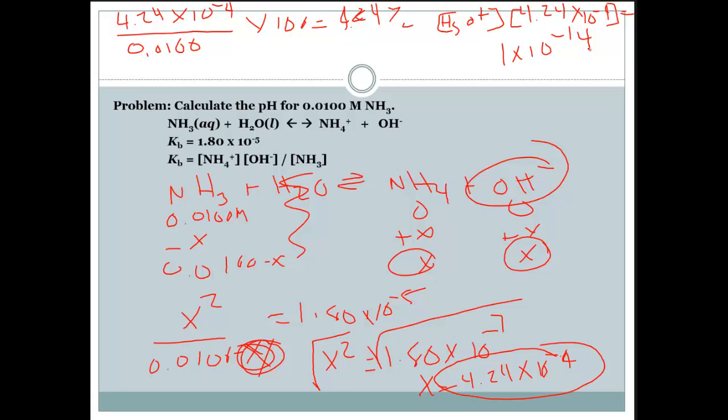We're going to divide both sides by the 4.24 times 10 to the negative 4. That comes out to be 2.36 times 10 to the negative 11. If I take the negative log of this number, we find out that the pH is 10.6.